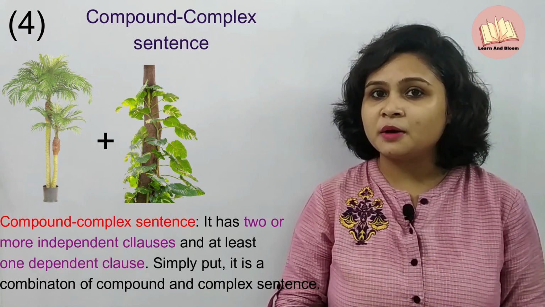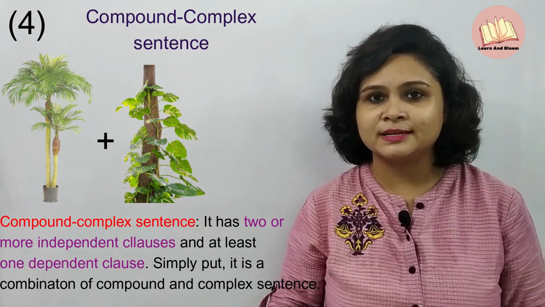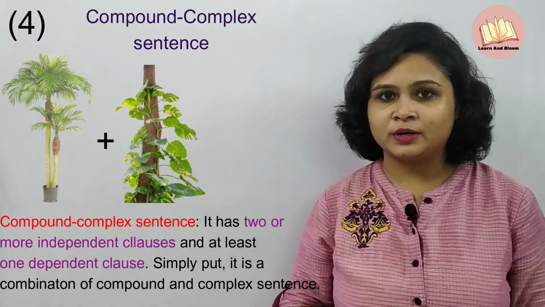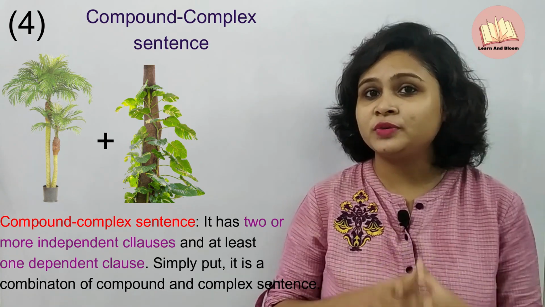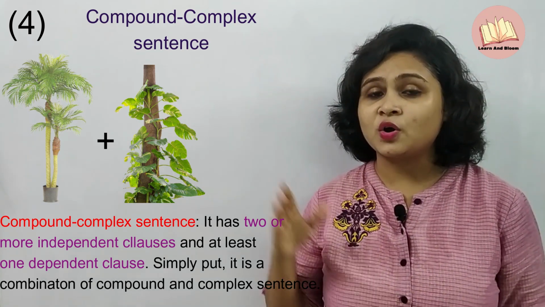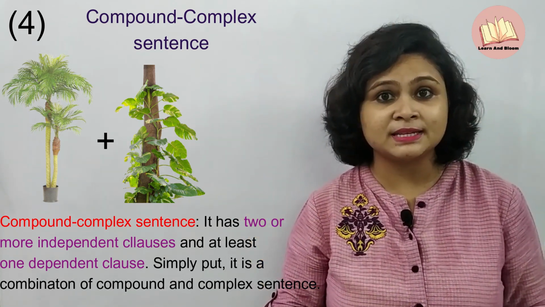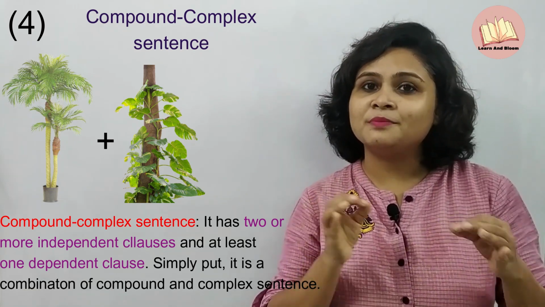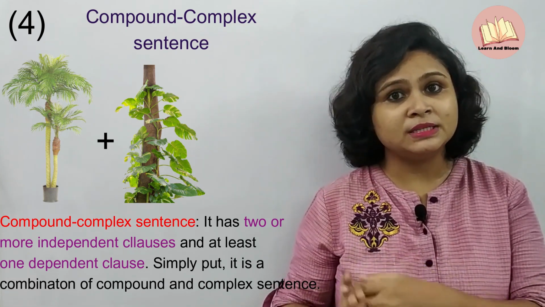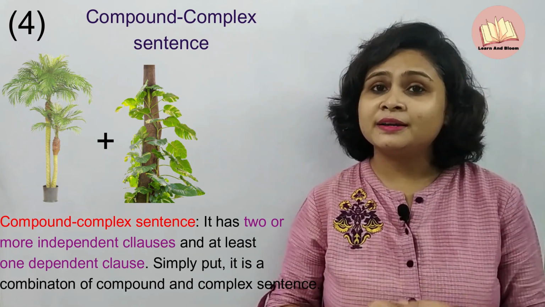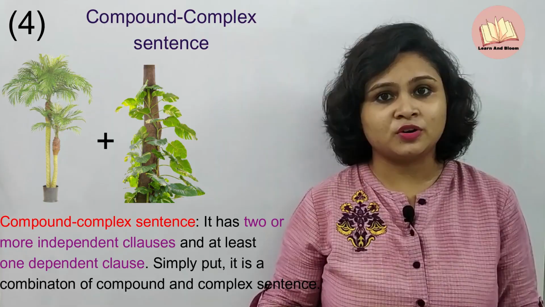I have already compared it with the compound sentence, right? And another one of a creeper plant that is climbing up a tree. I have made a comparison of it with the complex sentence. So in a compound complex sentence, we will find at least two independent clauses and at least one dependent clause.